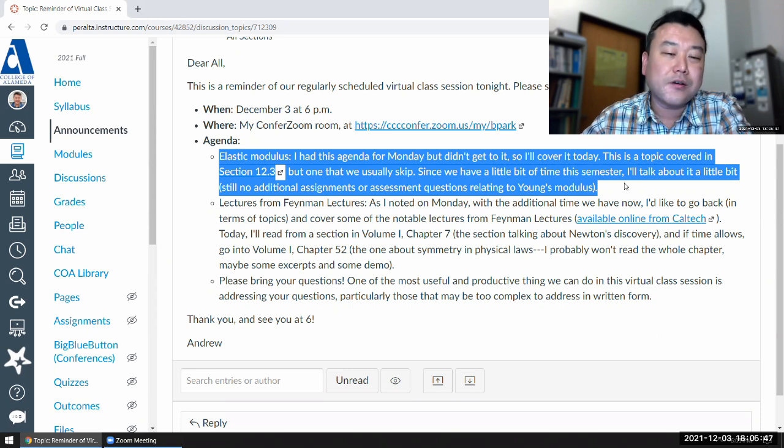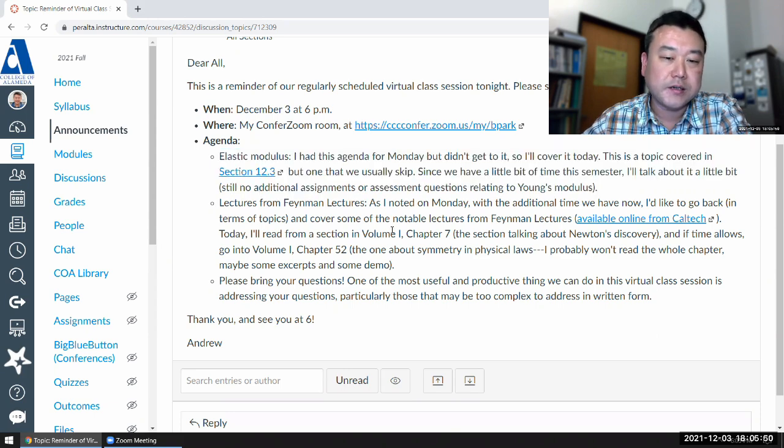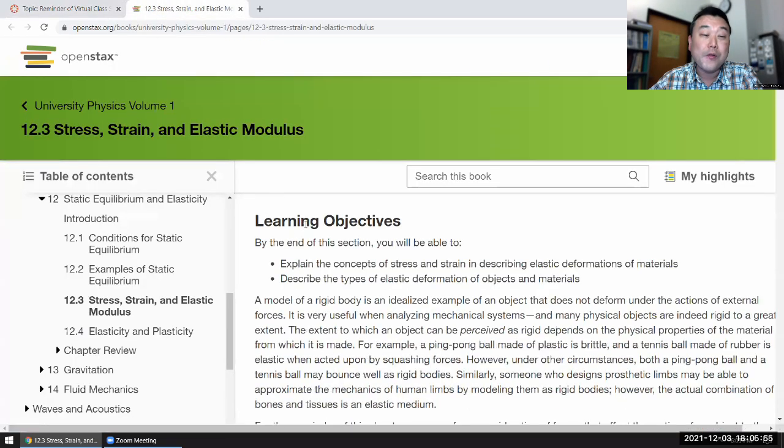And I think it's worth talking about Young's modulus. One of my favorite labs in my version of Physics 4A when I took it at Cerritos College many years ago actually dealt with the Young's modulus.